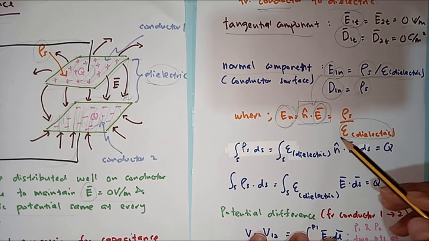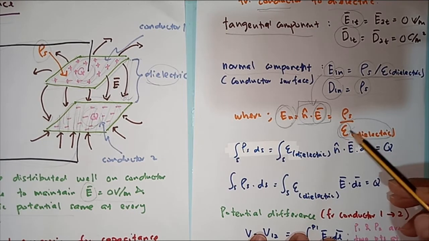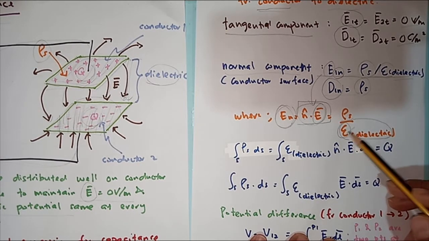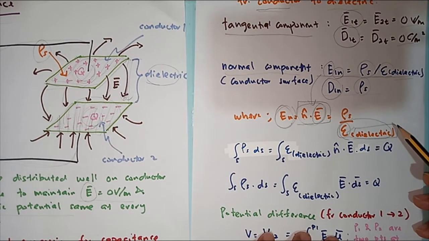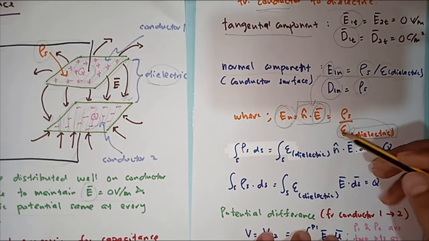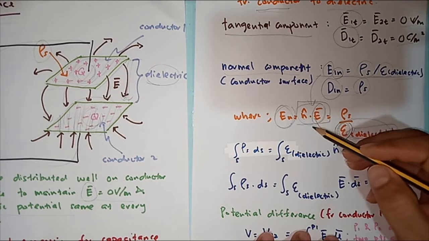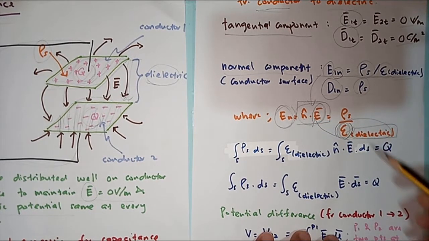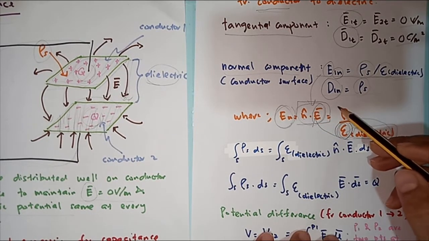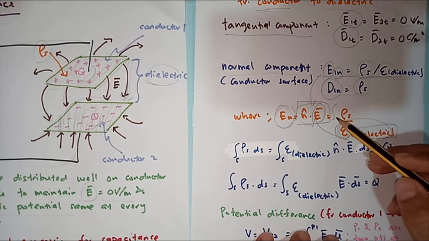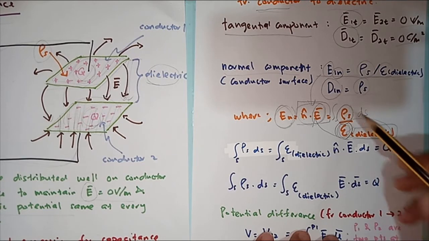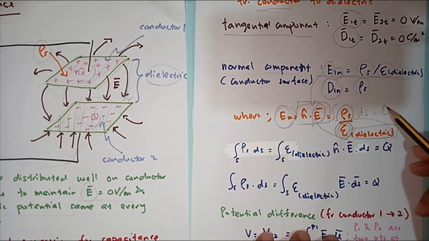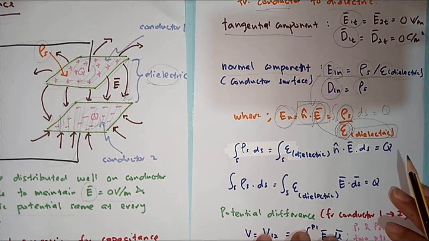In this case, the epsilon value, or electric permittivity, is the value that the dielectric has. When we move this epsilon to the other side of the equation and perform surface integration of rho s, we will have the value equal to Q.